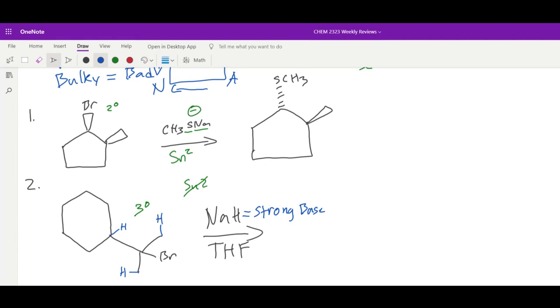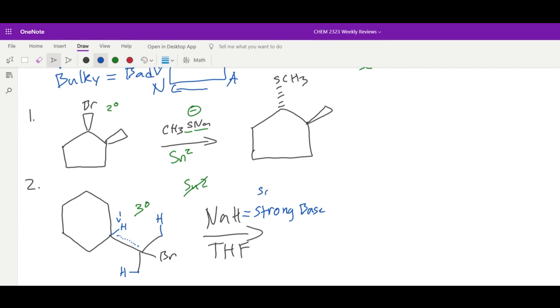When this leaves, it has to form a double bond with one of those. The hydrogen on the tertiary carbon will form the most substituted double bond if I do it right there.